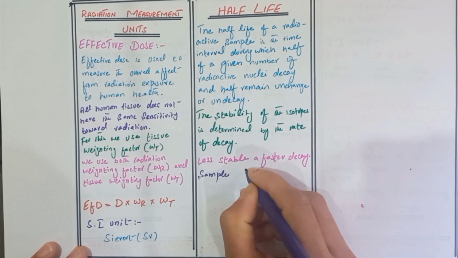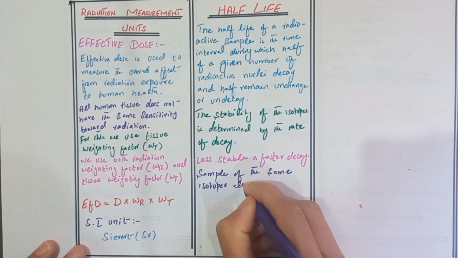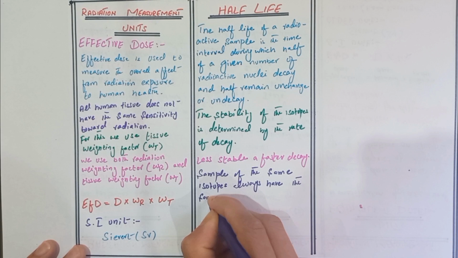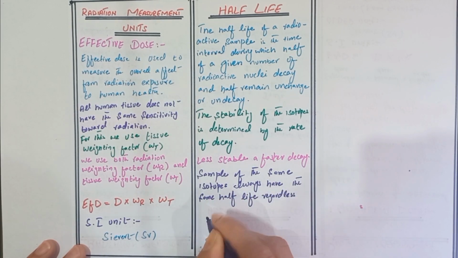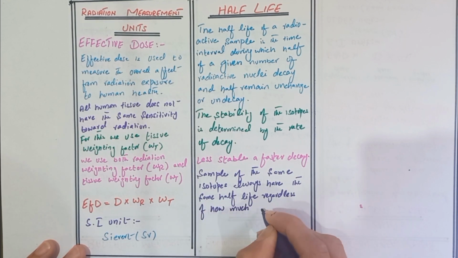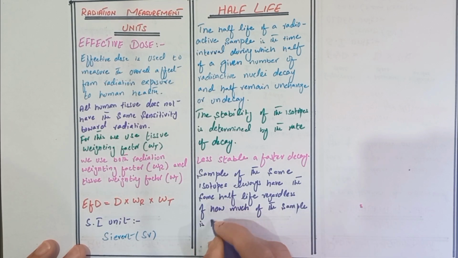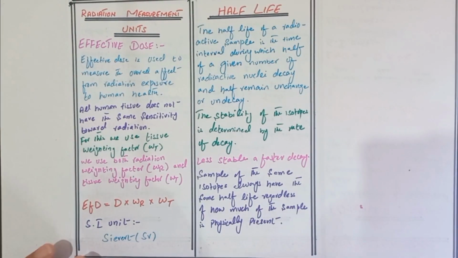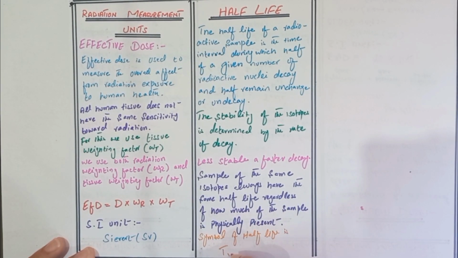Samples of the same isotopes always have the same half life regardless of how much of the sample is physically present. Symbol of half life is T half.